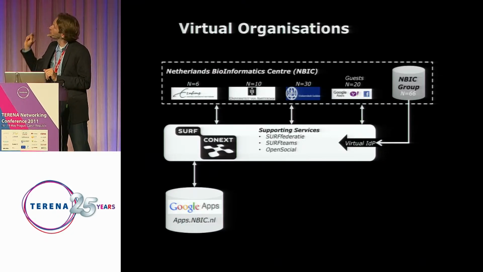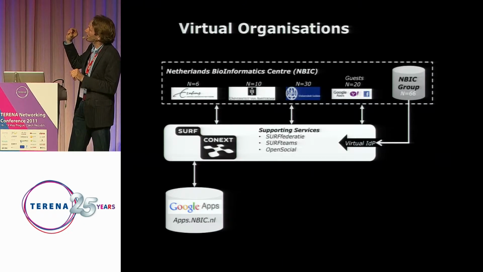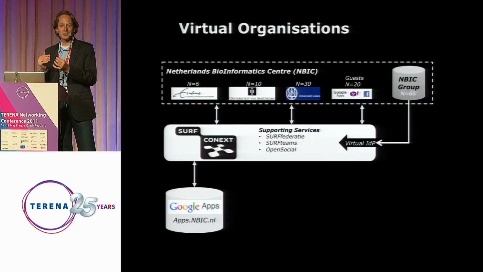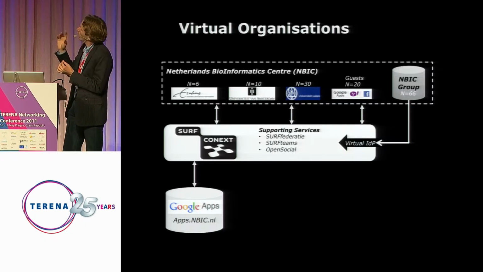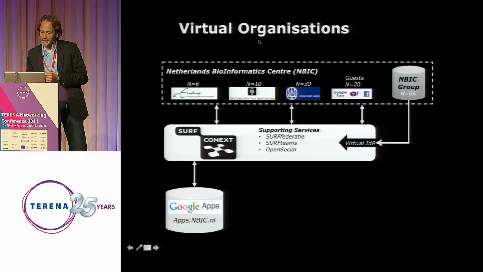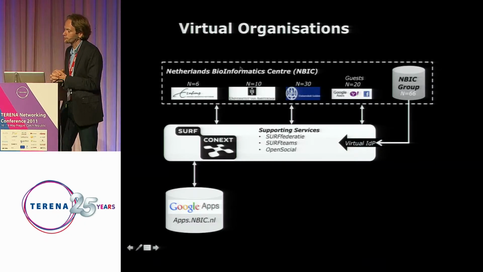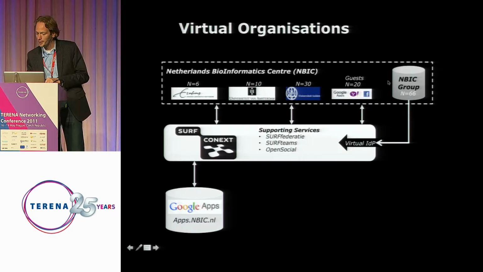So now by using SurfConnect as the middleware, it can act as a virtual identity provider. What an administrator at the Netherlands Bioinformatics Center could do is create a group where people from different institutions can become a member. So there are 6 from Rotterdam, 10 from Amsterdam, etc. And they are all in this group.